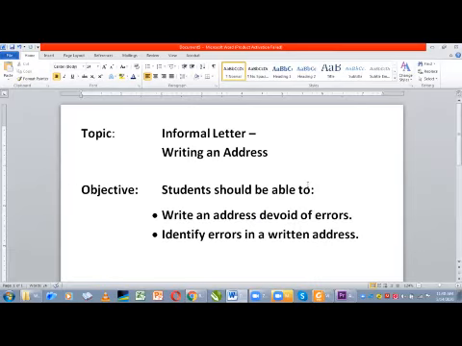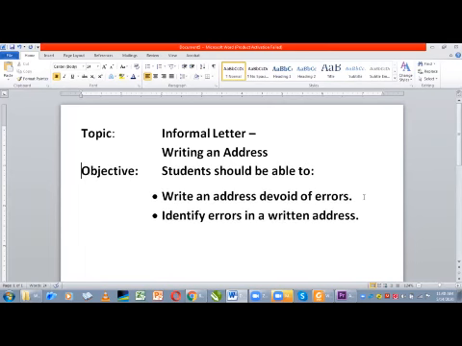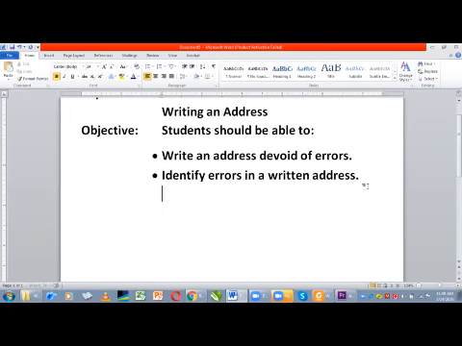Today, we'll just be learning how to write an appropriate address. First, the address must be at the top right corner of your page. I will advise you stick to your block style. So you do not need to give them your real address.